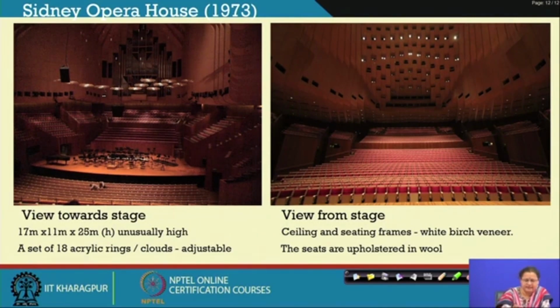Here you can see the view towards the stage. You can see on the top here there are a number of clouds which are convex in shape, allowing sound to be reflected back to the stage, so that the players here can get the sound from the top and get an ensemble sound.